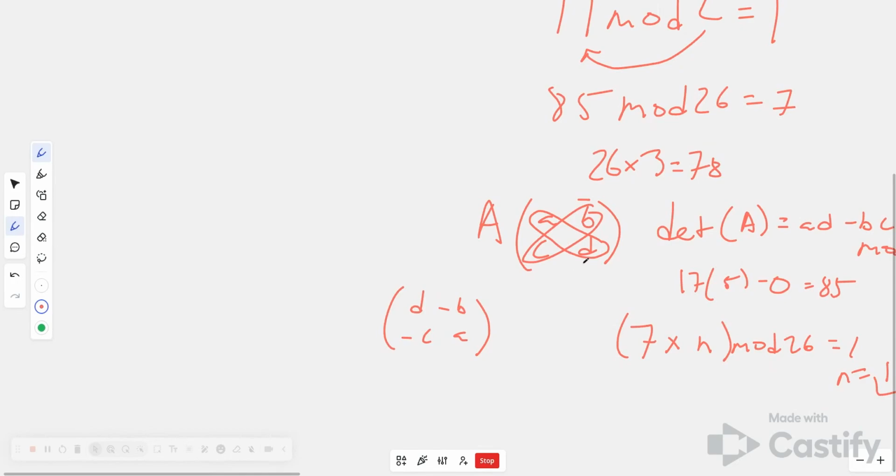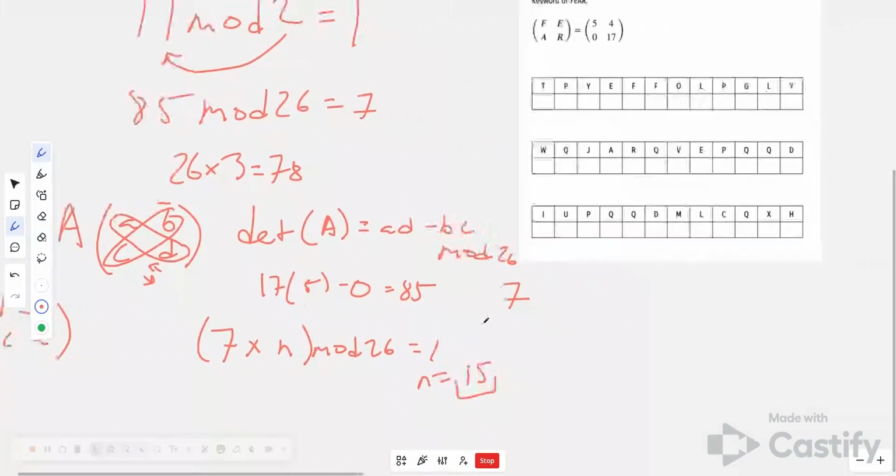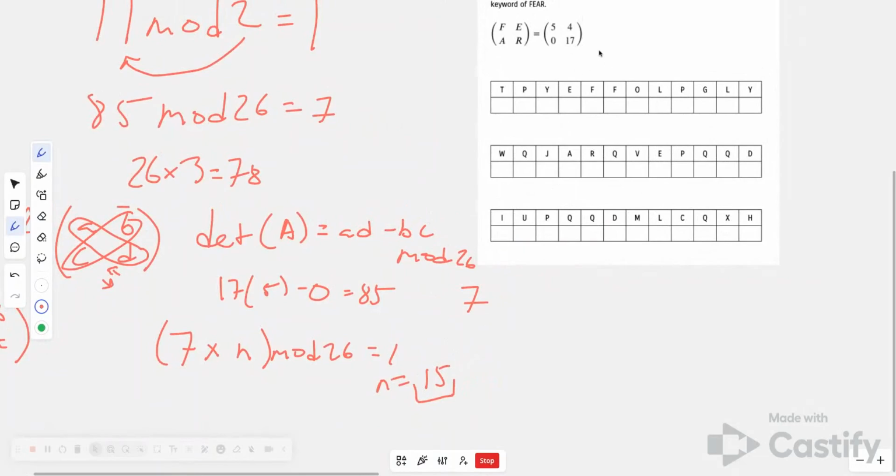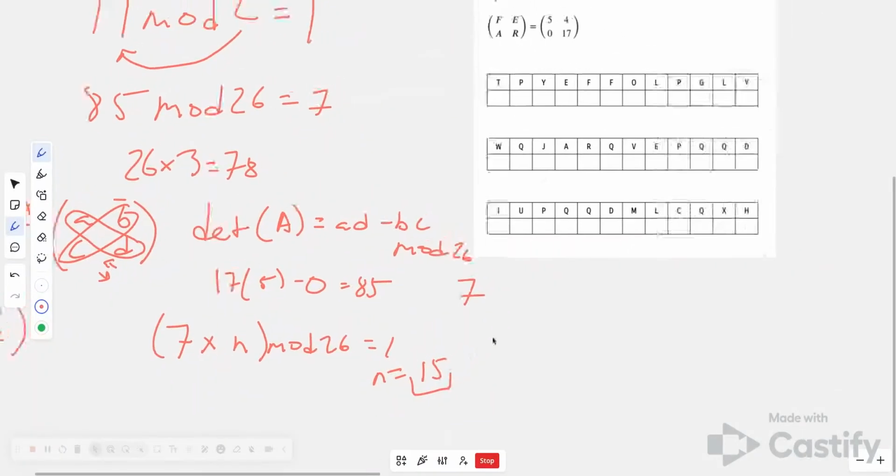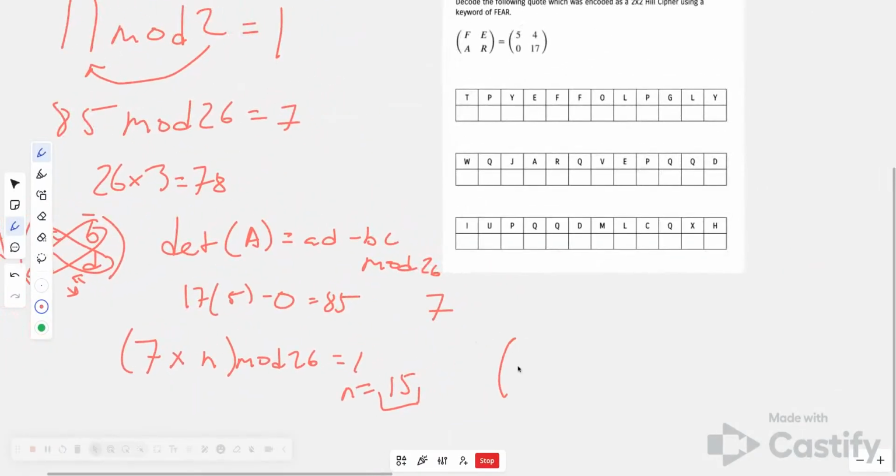The adjoint matrix of this one over here would be 17, negative 4, 0 still, and then 5.